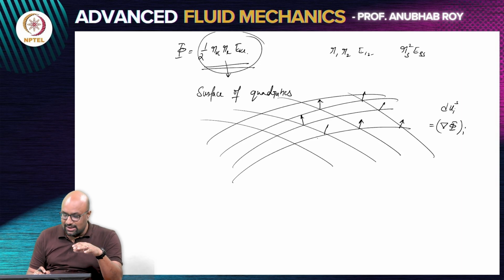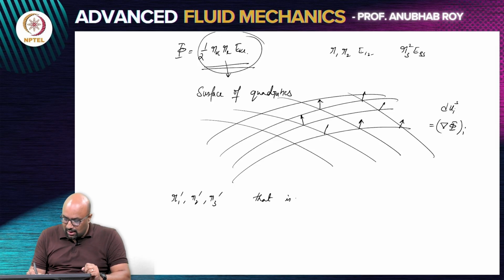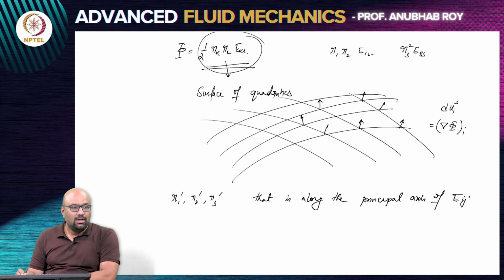Now, this gets easier if instead of choosing R in some arbitrary sense, we are going to choose a coordinate system R1 prime, R2 prime, R3 prime that is along the principal axis of E_ij. E_ij is an order 2 symmetric tensor.